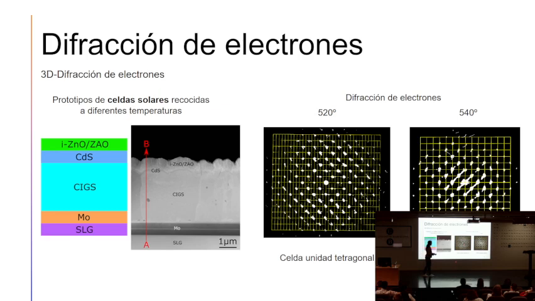Entonces, ¿qué fue lo que observamos en este estudio de estas celdas solares? Que a mayor temperatura la simetría aumenta porque pasamos de una celda unidad con simetría tetragonal a una cúbica, por lo tanto hay mayor simetría, pero además de la simetría también estamos observando este scattering que se llama scattering difuso, que son como líneas, que no son spots, puntos puntuales, sino que hay como líneas.